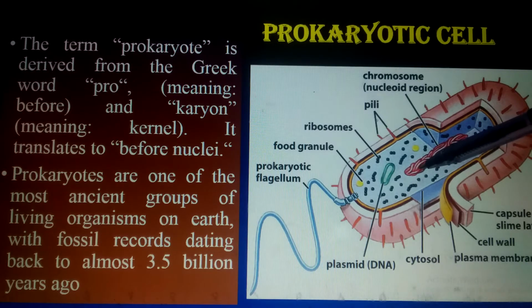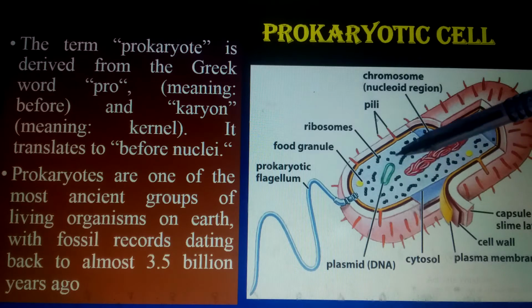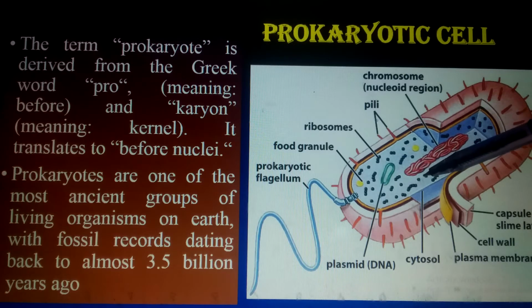In the cytoplasm, membrane-bounded organelles like mitochondria, Golgi bodies and endoplasmic reticulum are absent in the prokaryote, because the prokaryotic cell is the simplest cell. So all the complex organelles are absent.